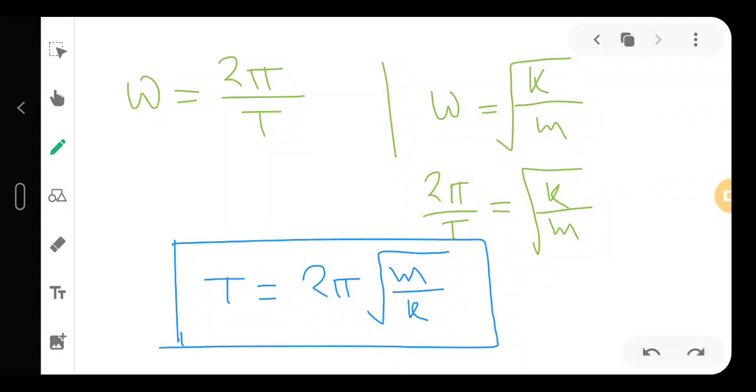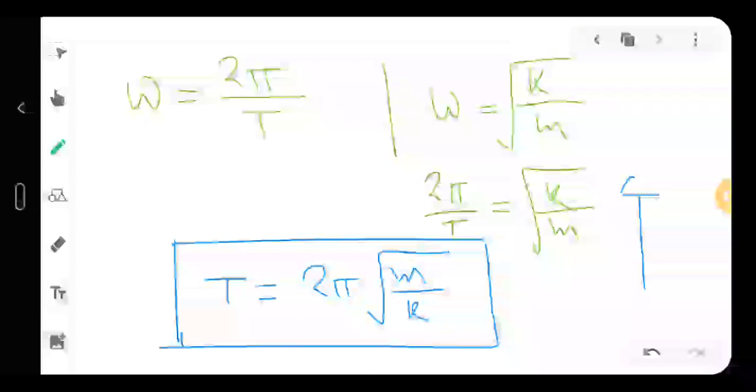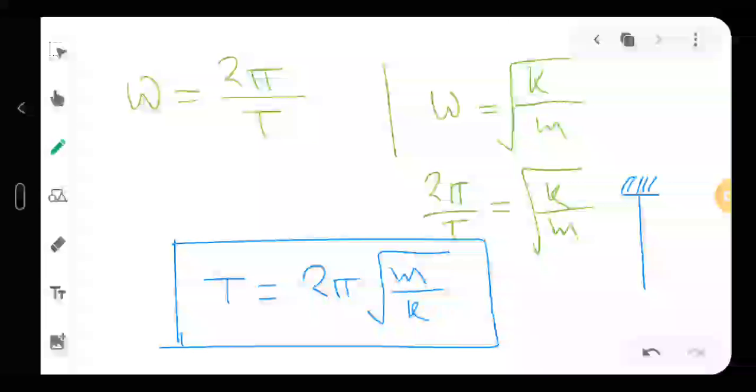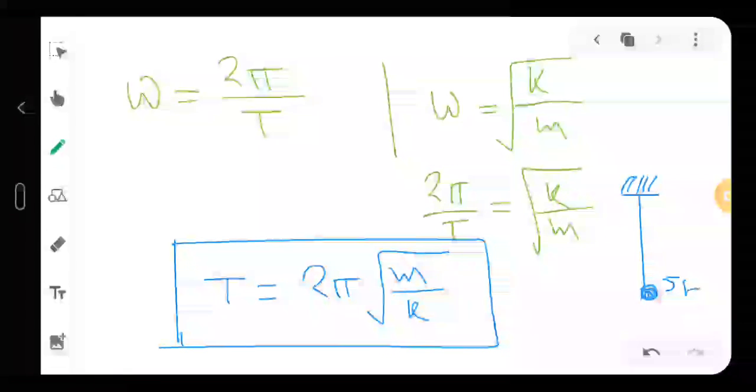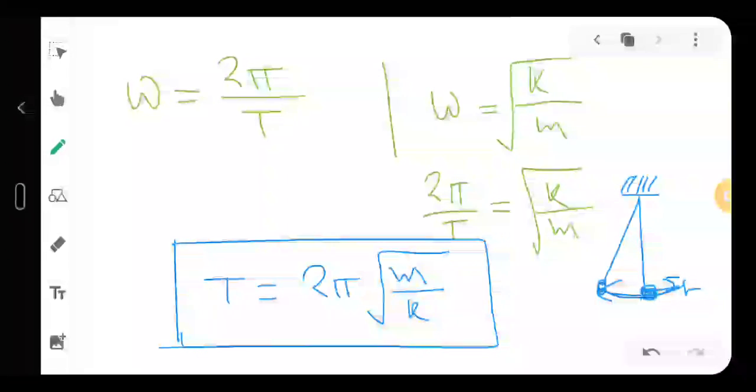So you can just do the experiment. You can just take a thread. This formula is valid for most simple harmonic oscillations. You take a thread, then you give some load, say 5 gram or so, and then just start the oscillation. You can just record the time that it has taken to complete one complete oscillation.